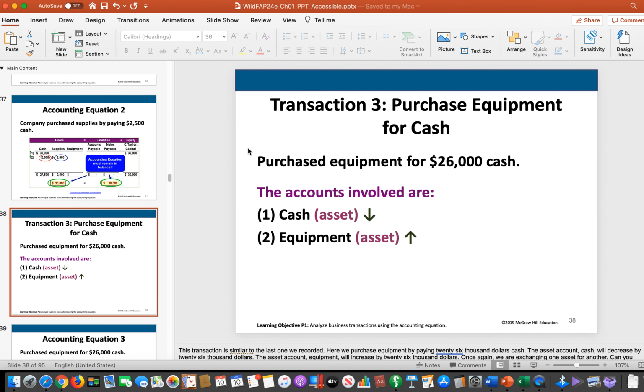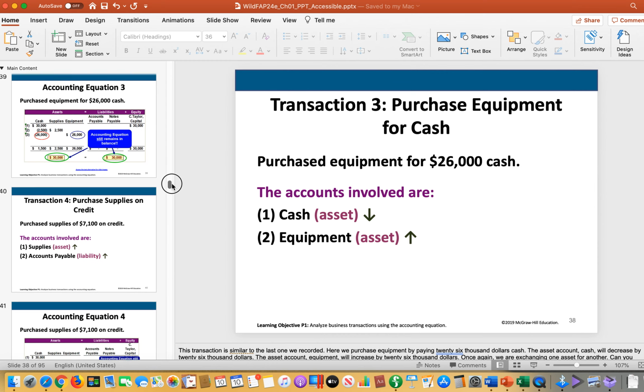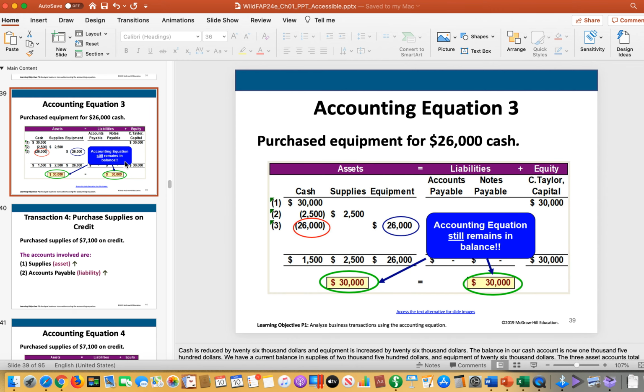Next, the company bought equipment for $26,000. They're both assets, though. Cash is an asset, so is equipment. So cash went down, equipment went up by the same amount. So as you can see here, cash was reduced by $26,000.